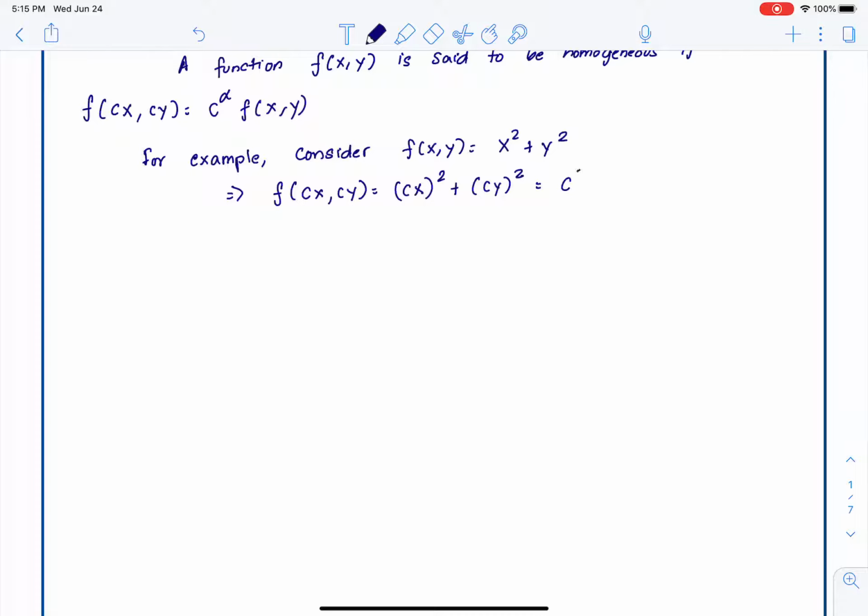That would give us c squared x squared plus c squared y squared, and we could pull c squared out, and we'd end up having x squared plus y squared, which is c squared f of x comma y. Now that is homogeneous.